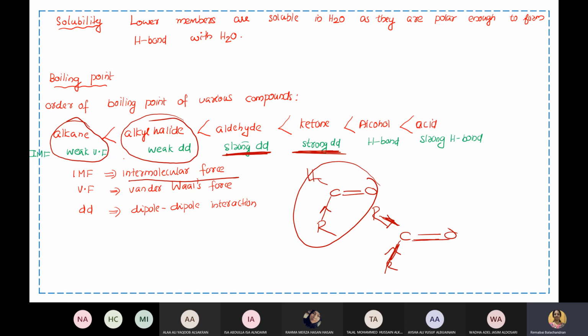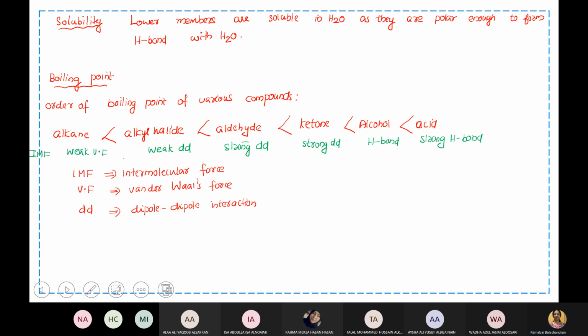Don't forget. When you compare these, we go for comparable molecular mass. So alkane, alkyl halide, aldehyde, ketone, alcohol, acid. Acid has the highest boiling point among them.